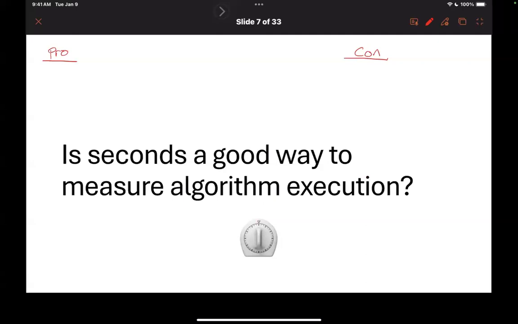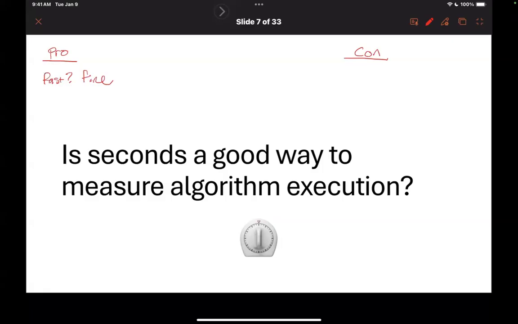Get the thing done pretty quickly, get the result faster. Yeah, if it's fast, then it's fine. Pro would be also that sometimes the computer you run things on actually matters.